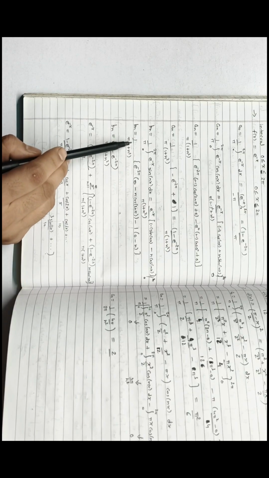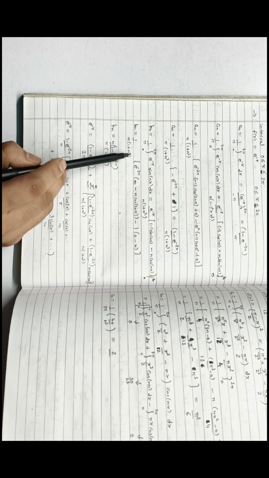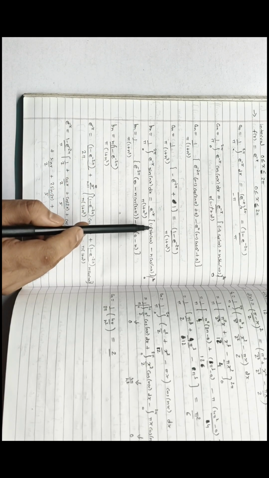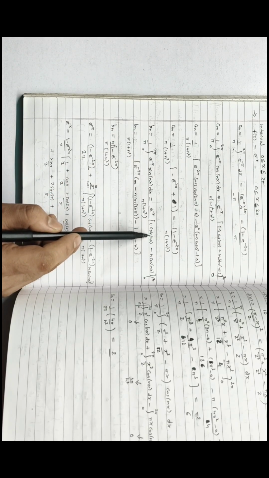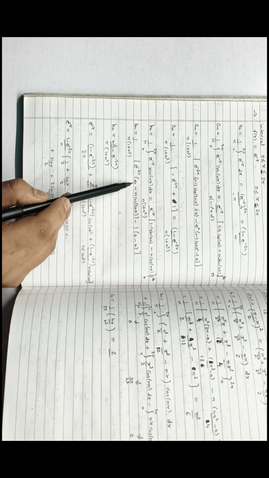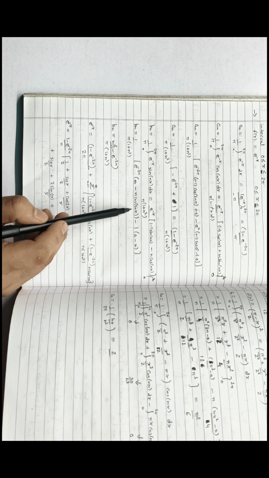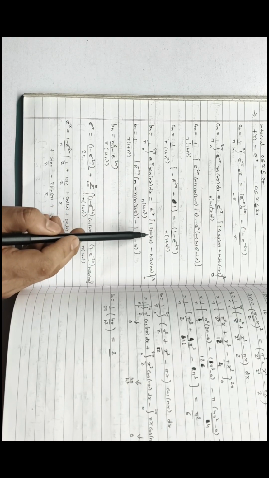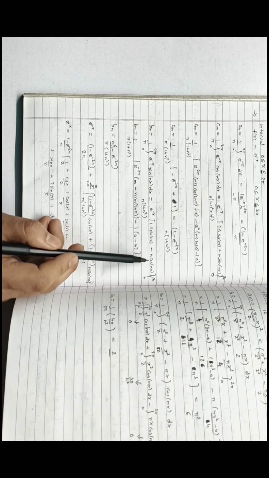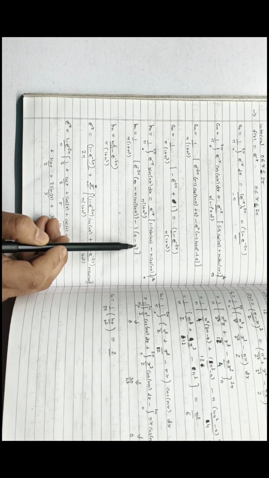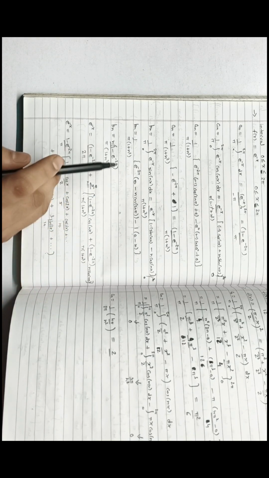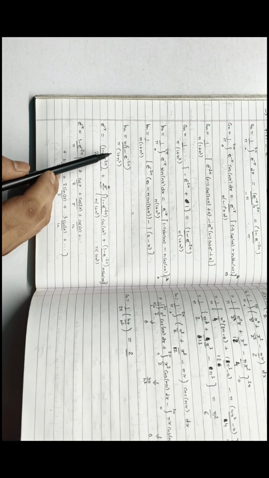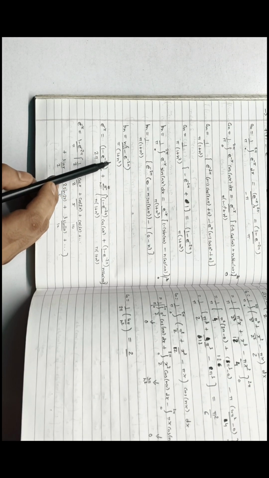So bn is equal to 1 upon pi (1 plus n square), I have taken common here. Upper limit: e to the power minus 2 pi into (minus sin 2 n pi, which gives 0, minus n into cos 2 n pi), minus the lower limit: e to the power 0, which is 1, into (sin 0 which is 0, minus n into cos 0 which is 1), which is n. So it will give me bn is equal to n (1 minus e to the power minus 2 pi) upon pi (1 plus n square).